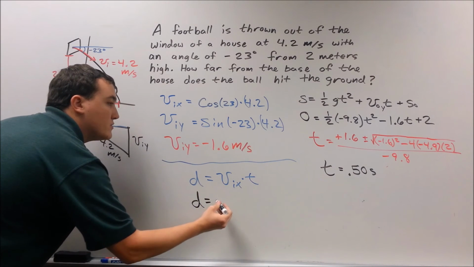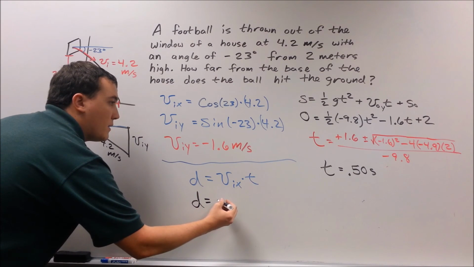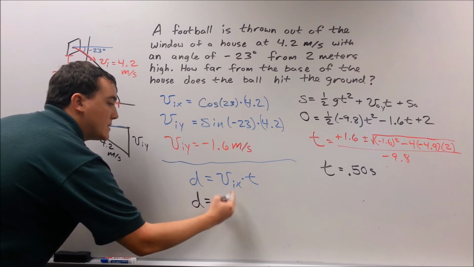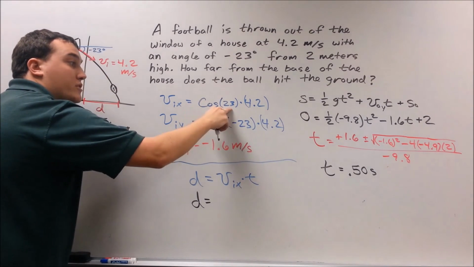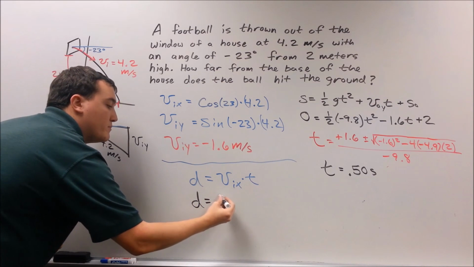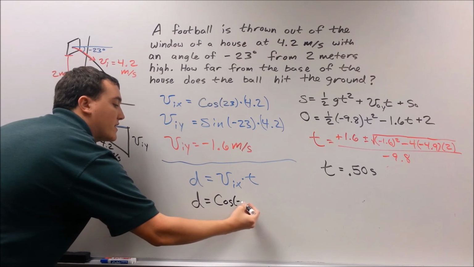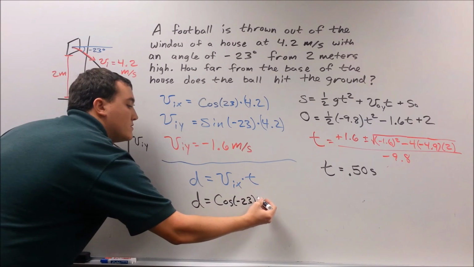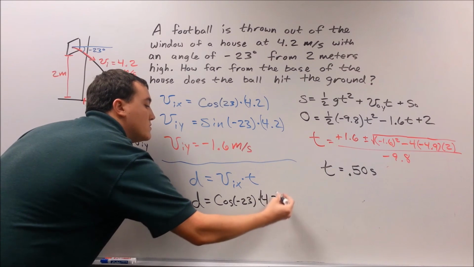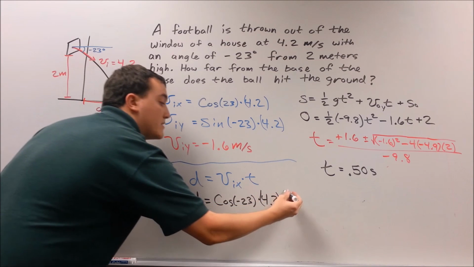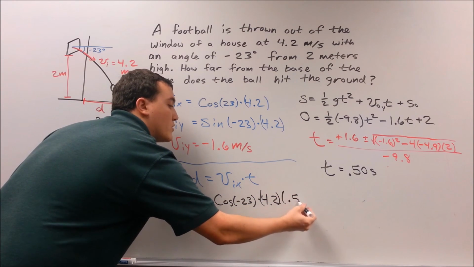D equals our initial velocity in the x direction, which is just this, cosine 23 degrees times 4.2. You can use negative 23 degrees times 4.2, times the time it took to get there, so times 0.50.